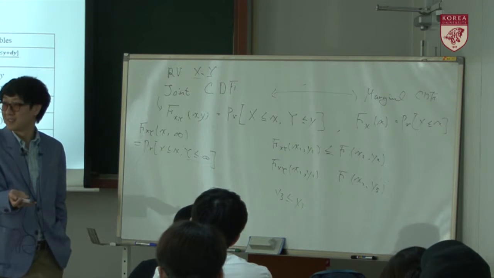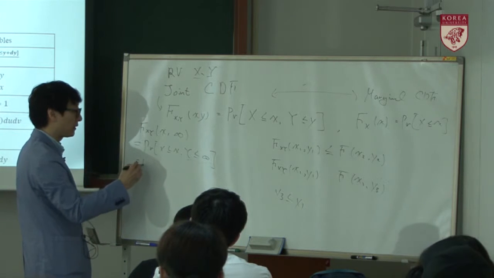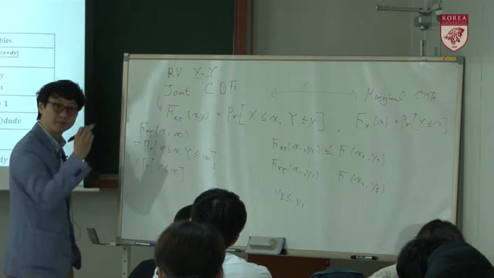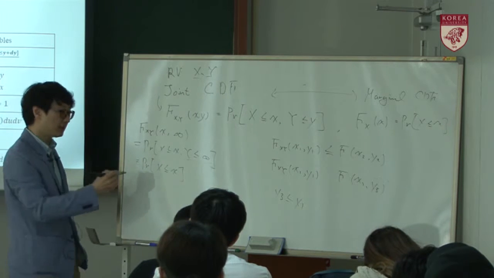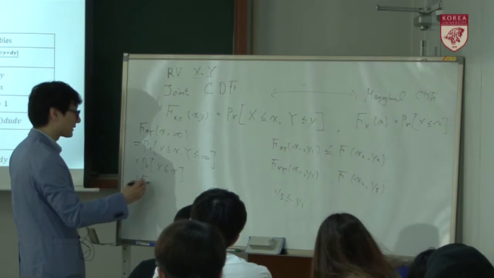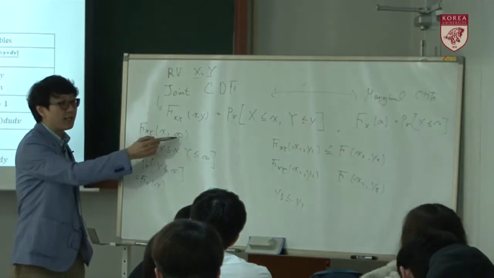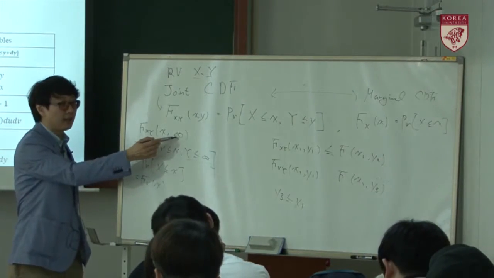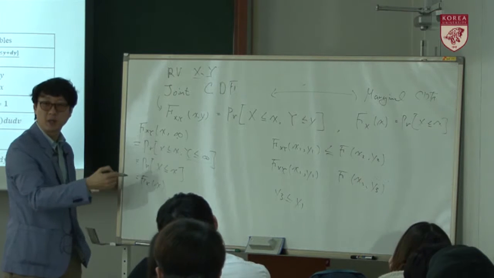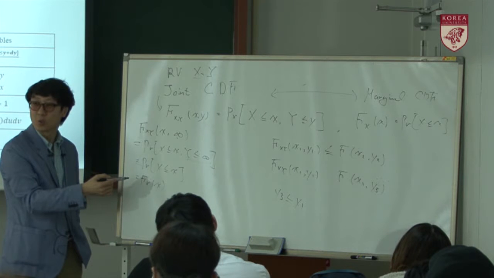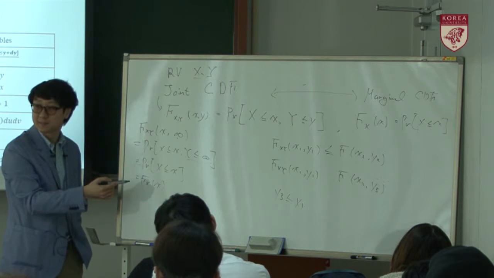So this is just the probability that X is less than or equal to x, which is the CDF of x. So if y becomes infinite, then the joint CDF becomes a one-dimensional CDF, in other words, the marginal CDF of x.